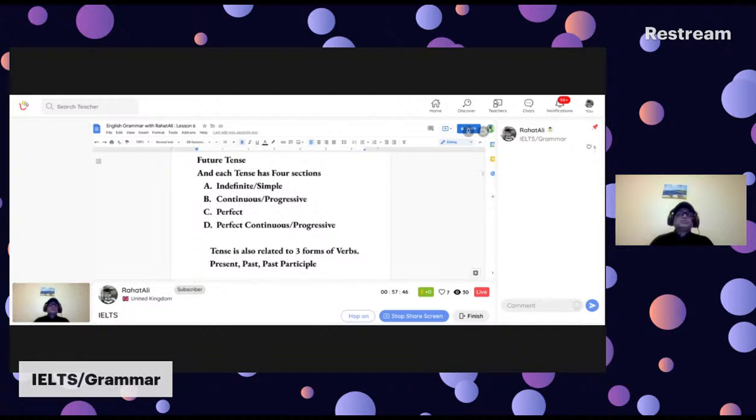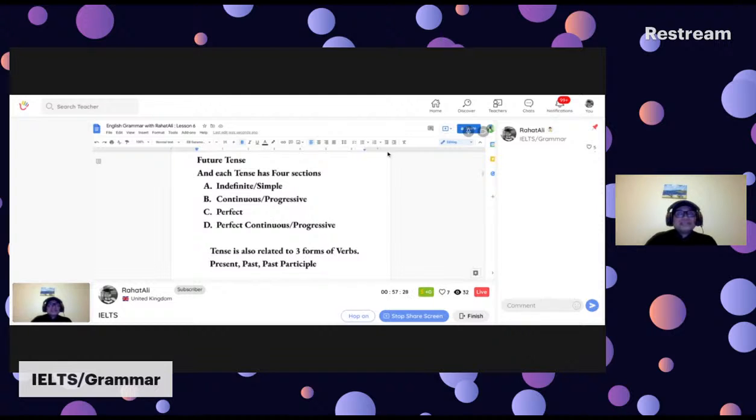As you see, continuous is also progressive. So present indefinite tense or present simple, present continuous or present progressive, present perfect, and present perfect continuous or present perfect progressive.